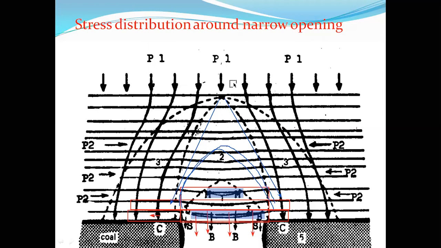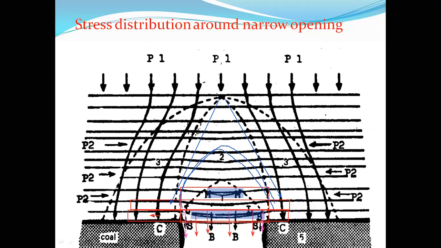Next, due to these vertical forces, what happens at the edges of the opening? Let me choose a different color. Okay, here, this part at the edges of the opening.